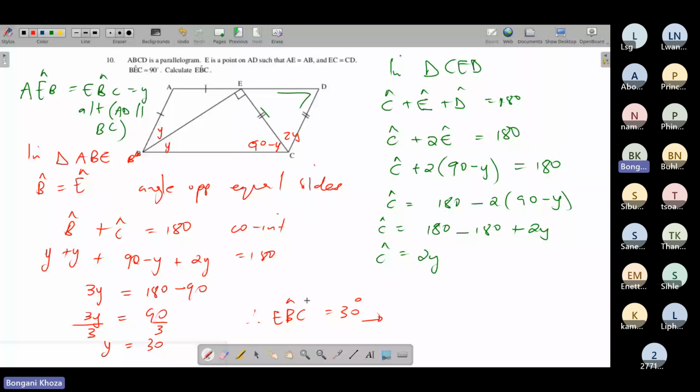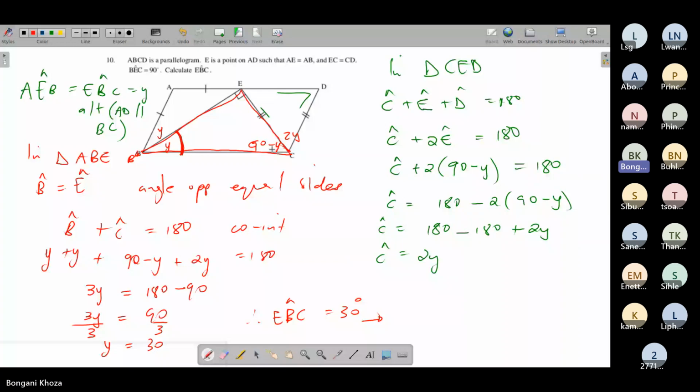So again, what we were trying to achieve here was to find this angle over here. I assigned this to be equal to Y. Then I looked at this triangle over here. I said, if I have 90 and I have Y, this has to be 90 minus Y. We found that part out.